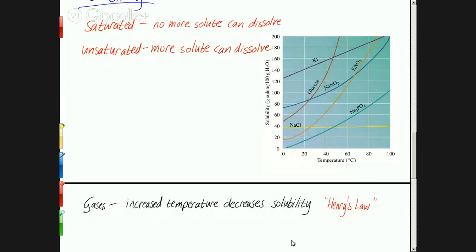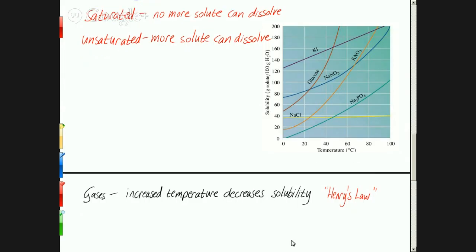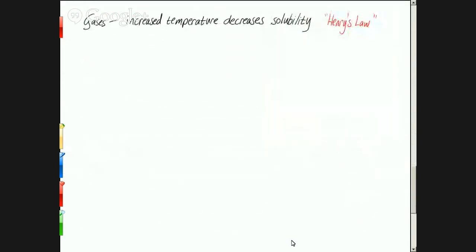Okay. So now we've talked about all these general properties of solutions. So the last thing to do is to look at some specific measures of how much solute is in the solvent. And this goes back to your question from before. What do these numbers mean when we see these different types of concentrations? So this word is called concentration.